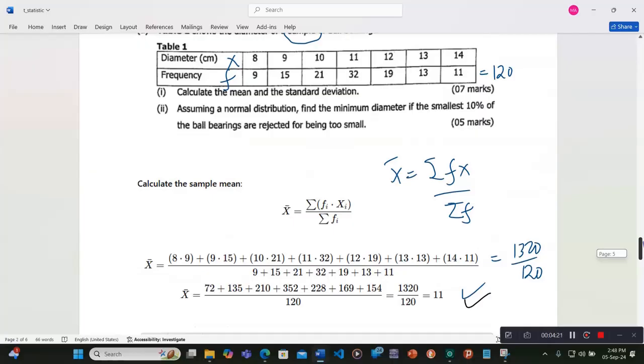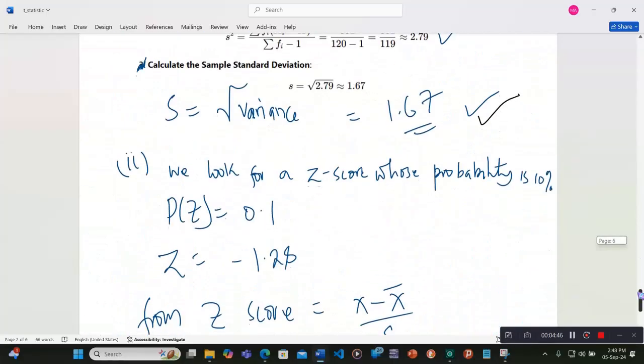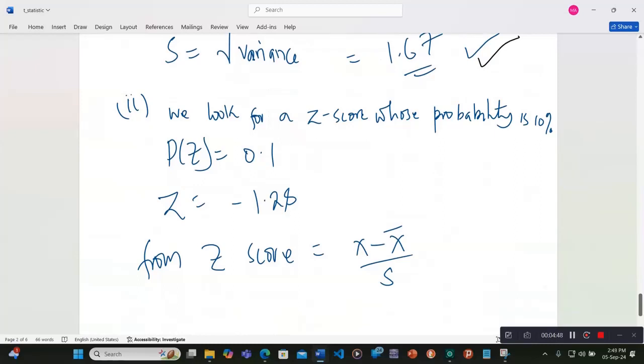We are going to look for the value of diameter that represents a z value whose probability is 10%. So first of all, we look for a z-score whose probability is 10%.